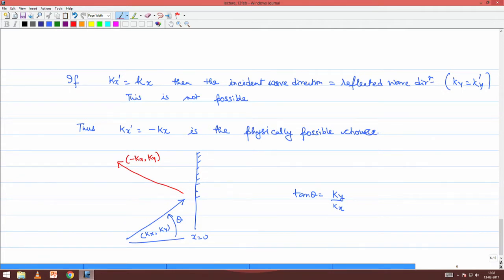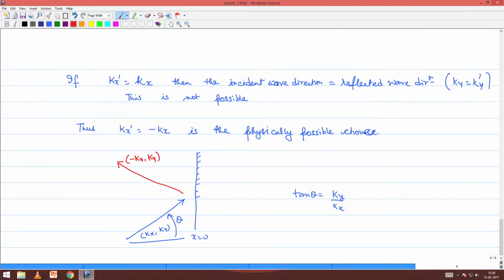So, therefore, you see that the wave number components along the y direction are identical, whereas the component of the incident wave along the x direction is in the positive x direction, whereas for the reflected wave the component along the x direction is directed towards the negative x axis, right. So, it makes sense that the wave number vector will bear this flip in sign.